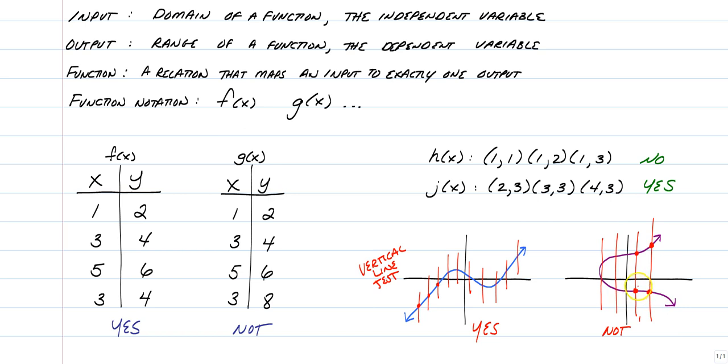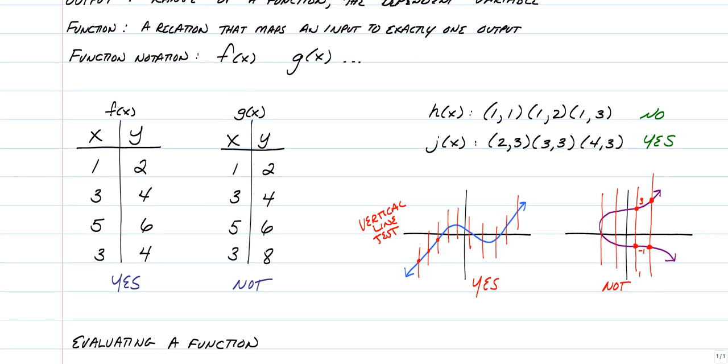This looks like we're down about negative 1, but over here we're up at 3. So this coordinate is (1, -1) and this is (1, 3). That goes back over here to show that we're getting different values each time we substitute in a 1, and the same thing at 0 and at negative 1. So if you draw vertical lines through a graph, and a vertical line hits the graph more than once, it is not a function, okay?